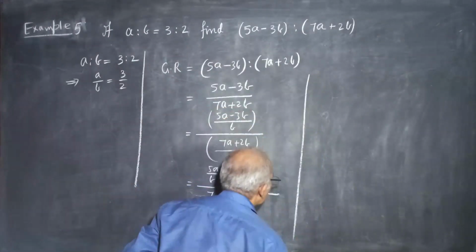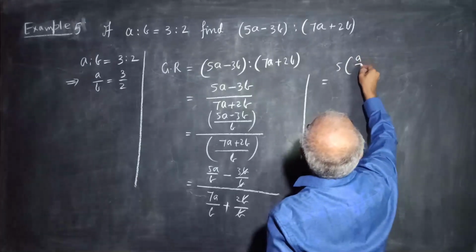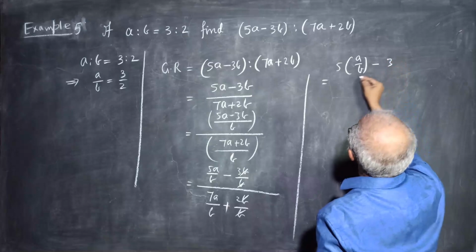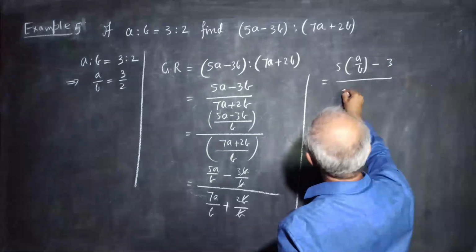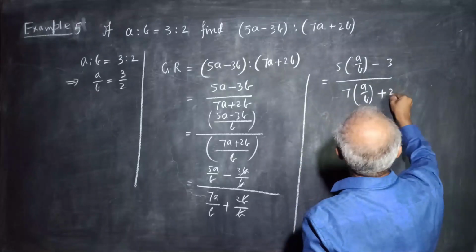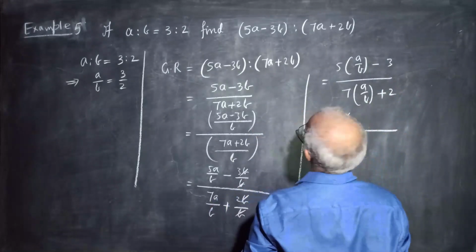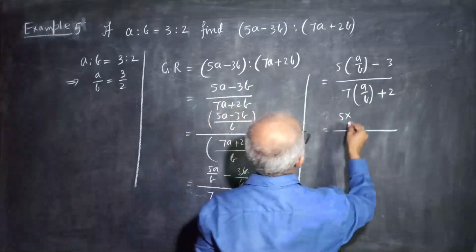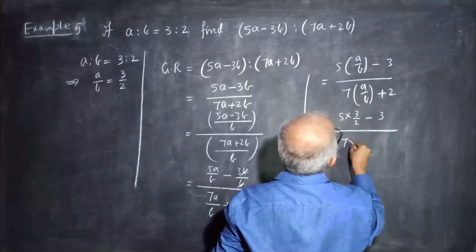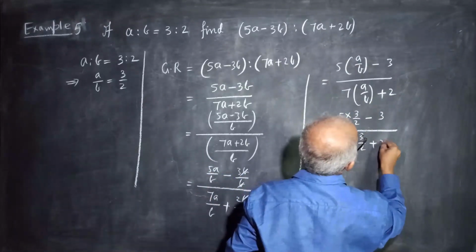So this is equal to 5 into A by B minus 3 divided by 7 into A by B plus 2, which is equal to 5 into A by B value is 3 by 2, substitute here, minus 3. 7 into A by B value is 3 by 2 plus 2.